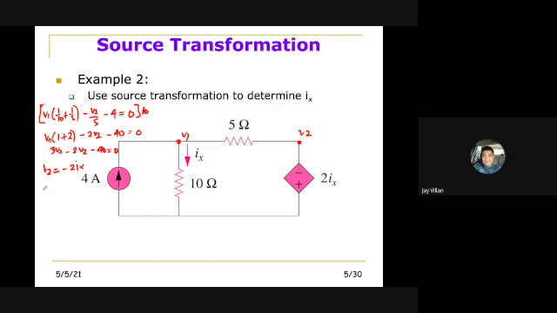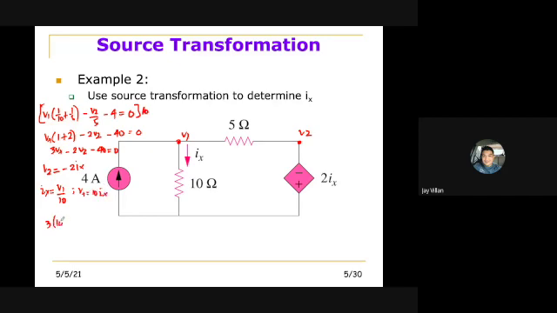Ix is equal to V1 over 10, therefore V1 is equal to 10Ix.